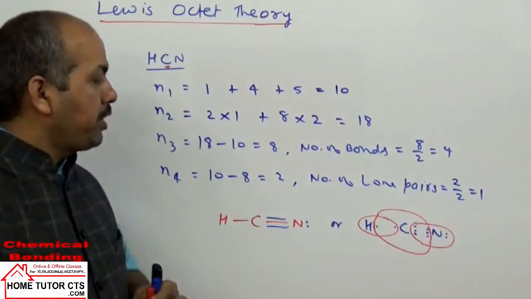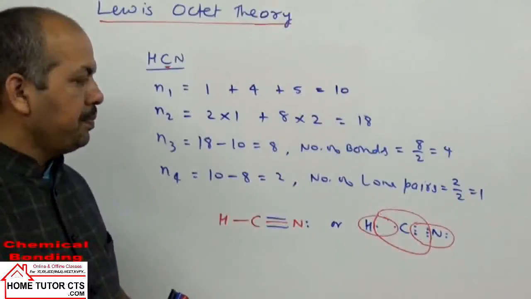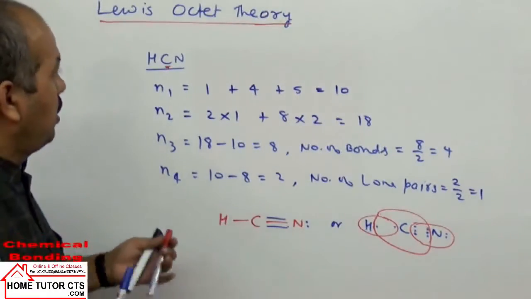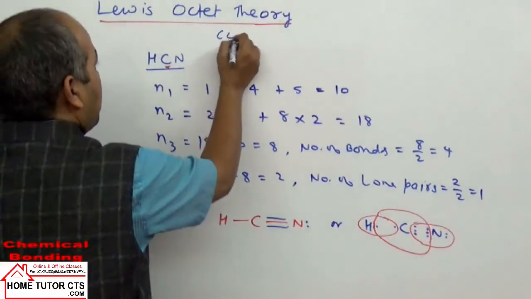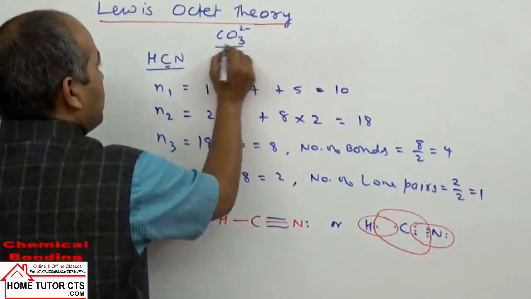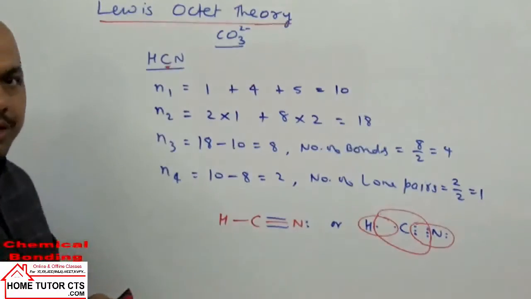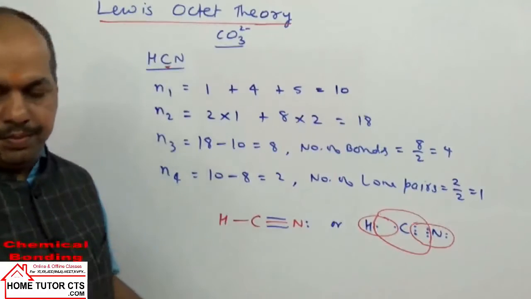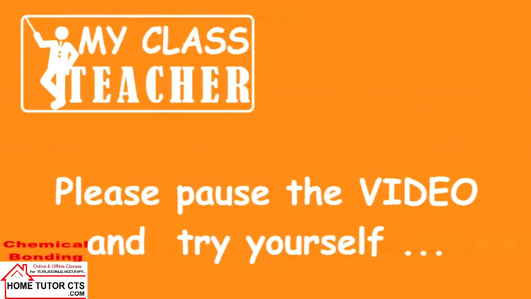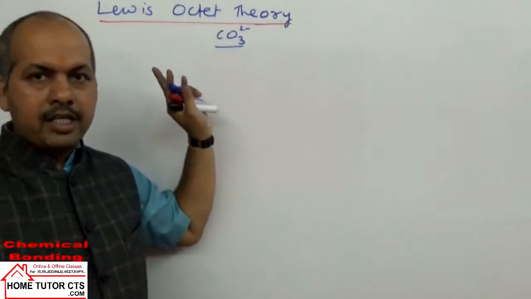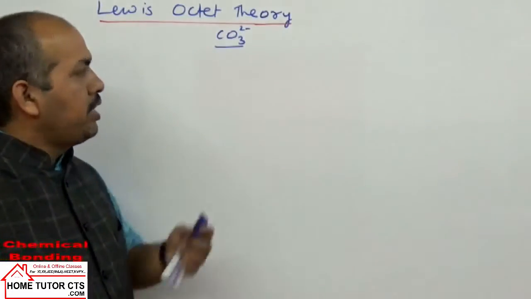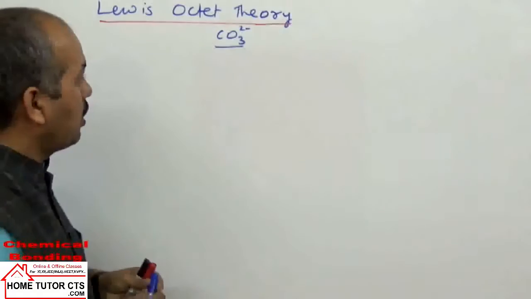Now the next example you can take will be the carbonate ion. Now this example you first try yourself. The ion taken is carbonate. In this ion we again find all the values.